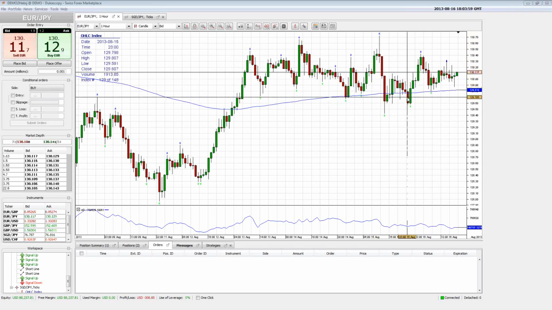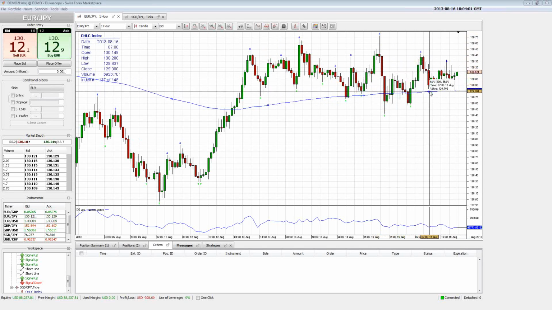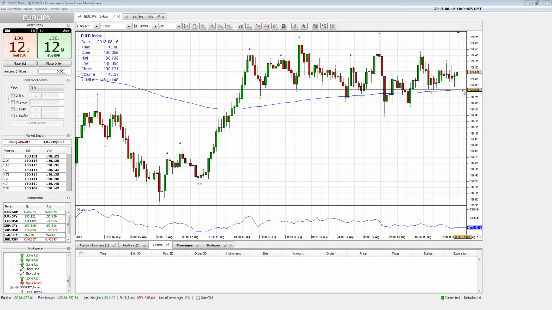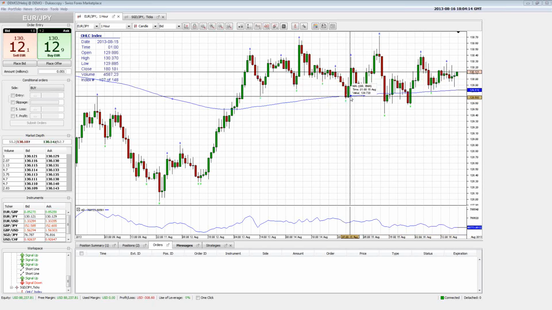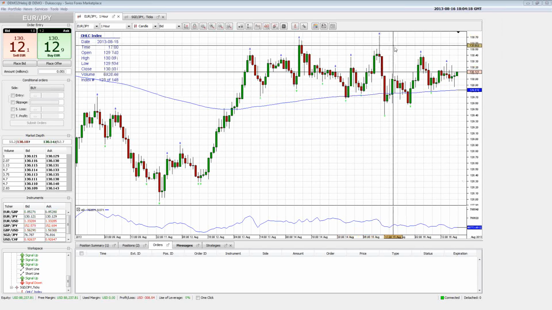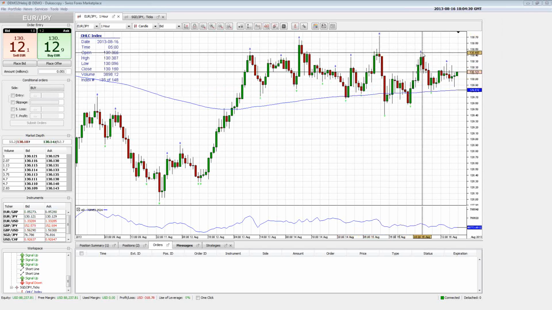The way you look at this is, when the market comes down to this level, it's believed that will be a difficult level for the market to break through. So a lot of times it'll come down and bounce off of that level, kind of like over here. Market came up, came down near that level, and bounced back up. And same thing here, it went up and bounced back down near these resistance levels.